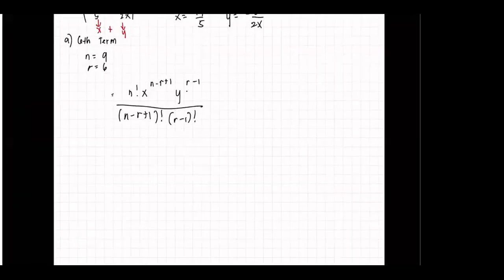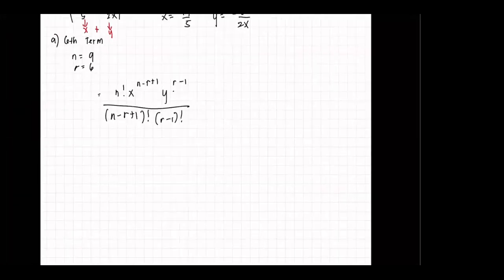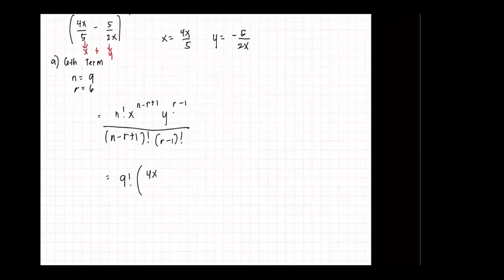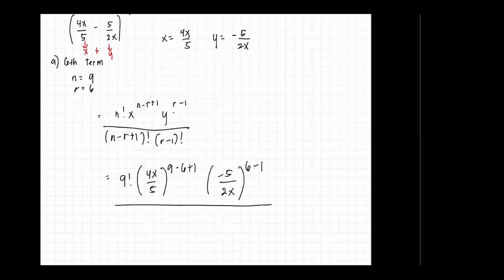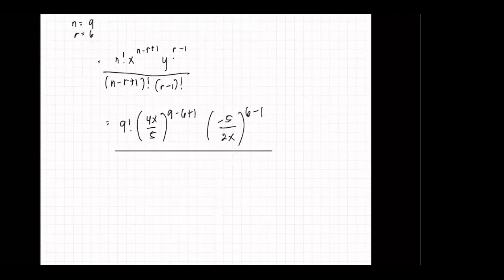So para mahanap yung sixth term, substitute natin. So we have n factorial times yung x natin na 4x over 5 raised to 9 minus 6 plus 1, times negative 5 over 2x raised to 6 minus 1, all over 9 minus 6 plus 1 factorial and then 6 minus 1 factorial.